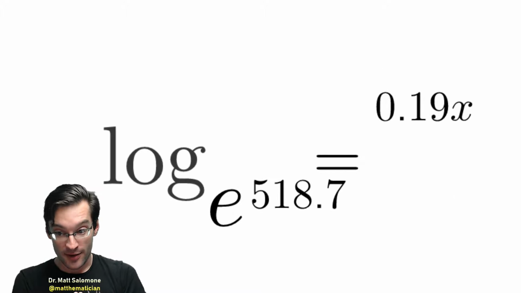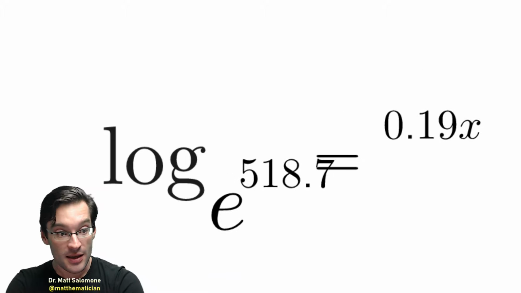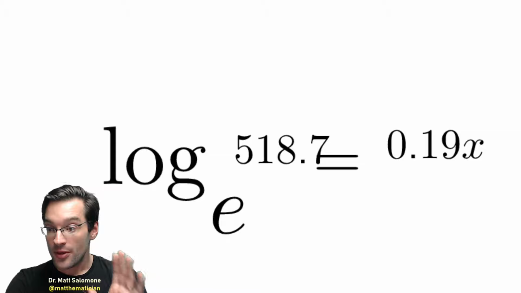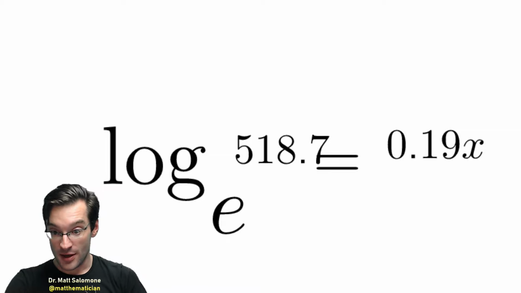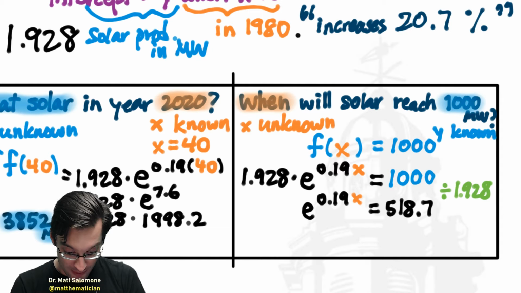Move the 0.19x to the other side, move the 518.7 into the argument of the base e logarithm. So this is how we're going to rewrite this equation. It means exactly the same thing as it used to, but now we've rescued that x from out of the exponent. How we would write that is we would just write it as taking a natural logarithm on both sides.